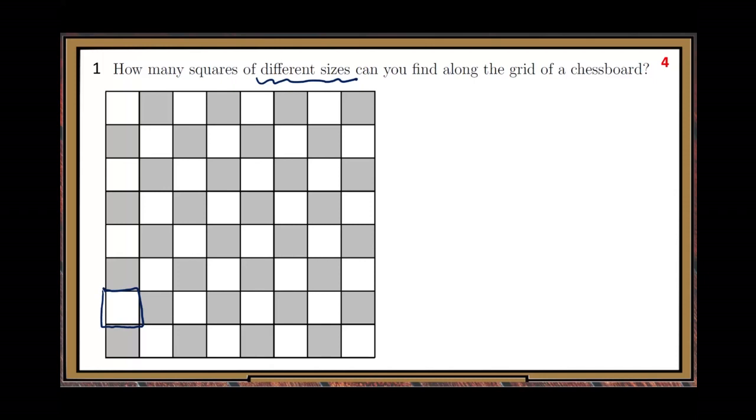But you can also see squares of other sizes. For example, here there is one 2 by 2. The size is different. Each side is 2 units long, horizontally 2 units, vertically 2 units, and so on.